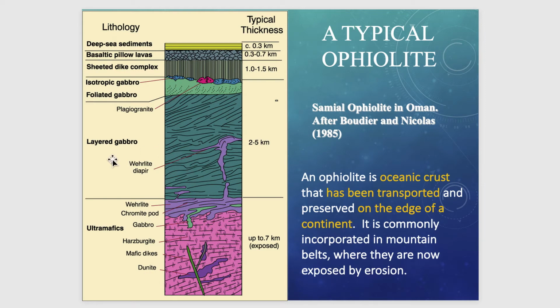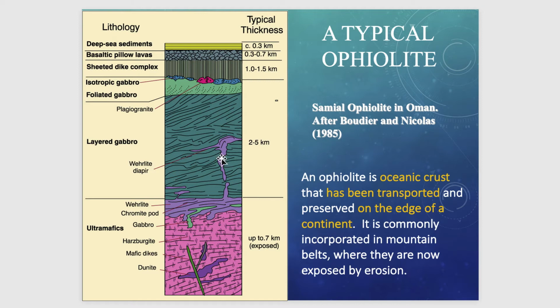So we have layered gabbros that quite often are found down in the upper mantle. So you have situations in which gabbro is really dominant, and it starts to be part of the lithosphere as well.